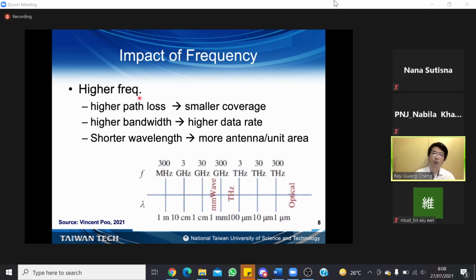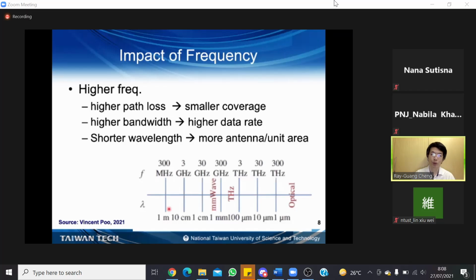High frequency also refers to shorter wavelengths. It means that you can have more antennas per unit area. So that's why massive MIMO becomes possible in 5G. So this is a simple characteristic between the frequency and the wavelength. You can see that around 300 megahertz, the wavelength is 1 meter.